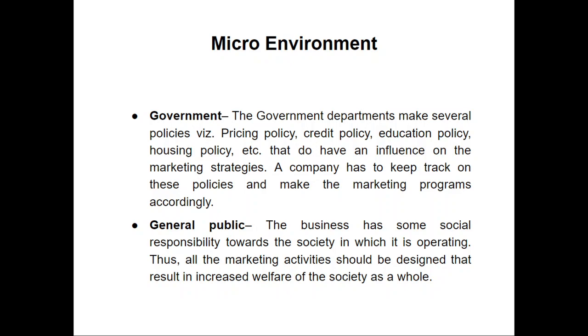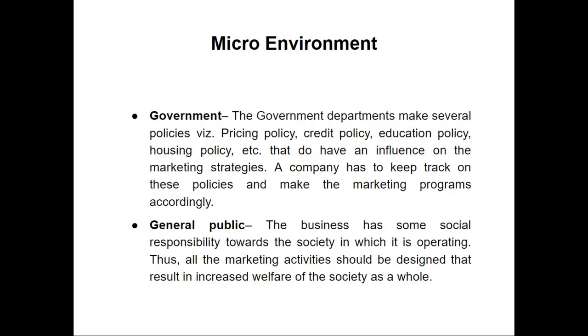The government departments make several policies, and the company has to depend on the government policies for various purposes, be it for the operations, be it for the incorporation, be it for the execution of the business ideas. Businesses have to keep an eye on or strictly adhere to the policies formed by the government, like pricing policy, credit policy, education policy, housing policy, etc.